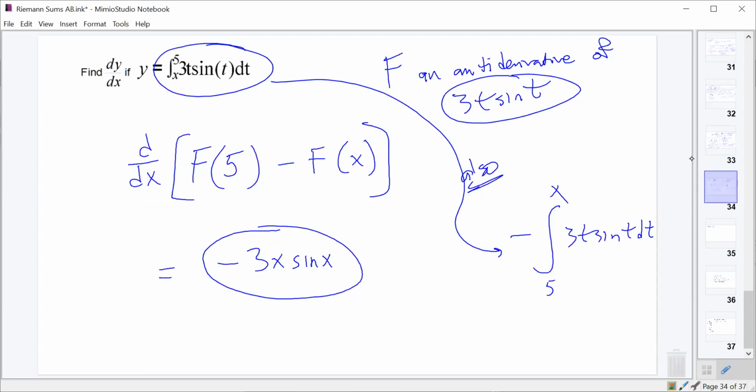But here we're not doing that, and we're also not taking the derivative of a product of two functions. This is just a function evaluated at x. So we're taking its derivative, and we already know what the derivative of capital F is. It's 3t sine t, because we defined capital F as such. Okay, that makes sense. Cool.